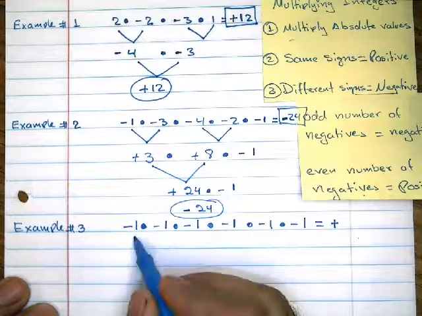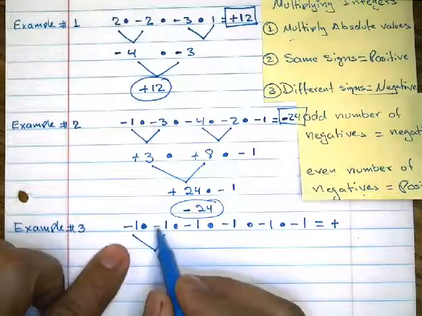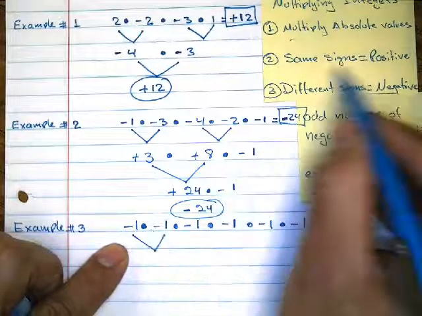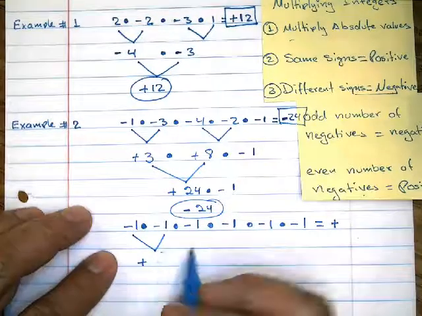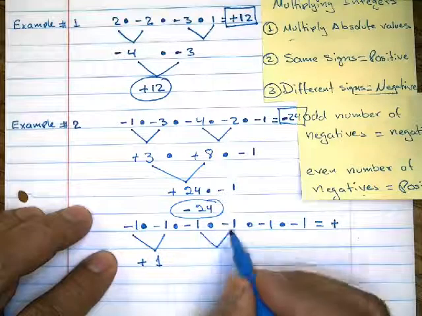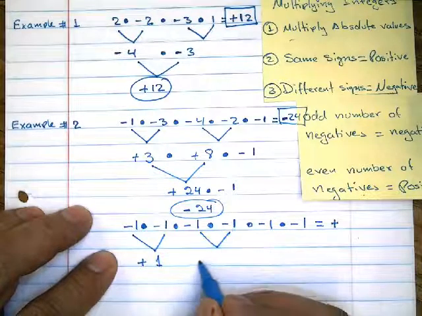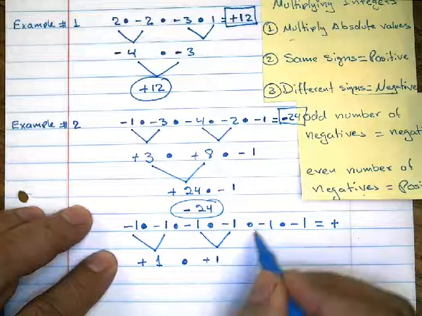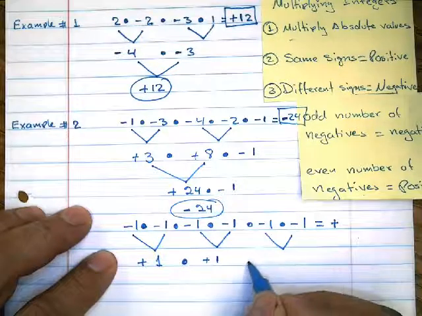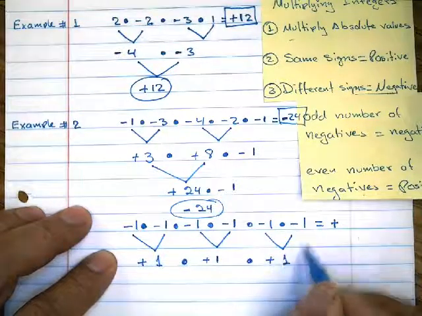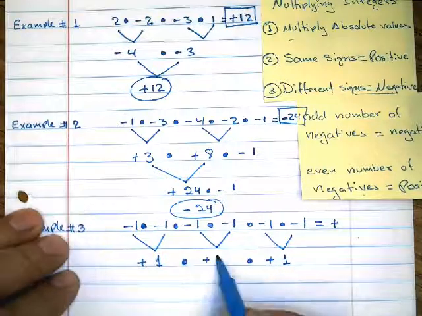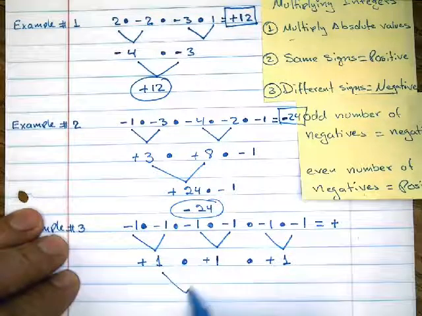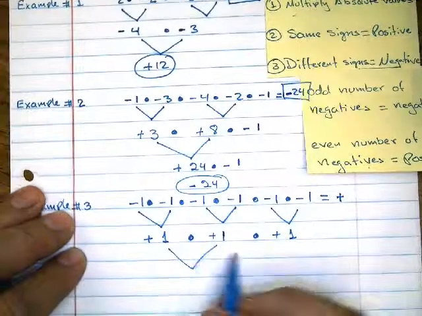So I'm multiplying two numbers with the same sign. Same signs, the answer is positive, so that would be just positive 1. I'm going to multiply these two. Same signs, that means that the answer is going to be positive 1. And now I'm just going to multiply all the numbers that I have left. Here are two numbers with the same sign.